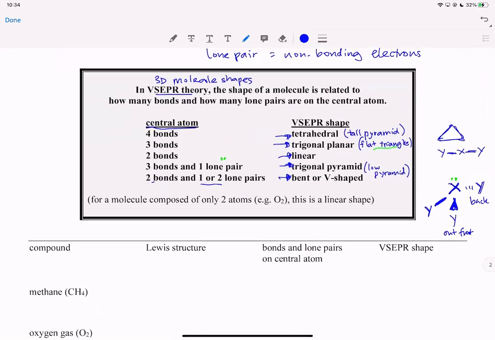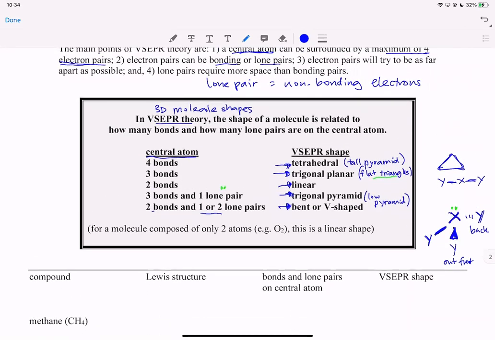Okay, so this is one more note, is when you have only 2 atoms. So for instance, O2. So when you have only 2 atoms like O2, O2 is an oxygen that's double bonded to another oxygen. You don't have a central atom. So when there is no central atom, this is going to always be a linear shape.